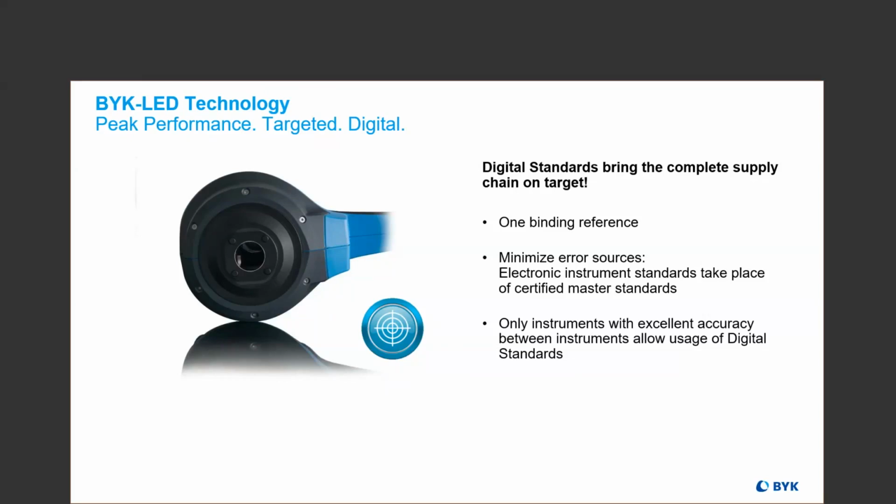And the digital standards solve that issue, where you just have one master standard measured by one instrument. That standard is distributed electronically to everyone who needs it. And then every plant, every supplier, every instrument is working off of the same target values rather than each having their own working standards.